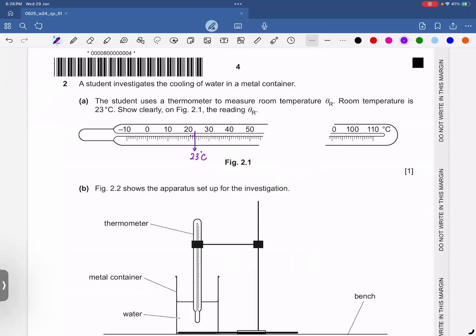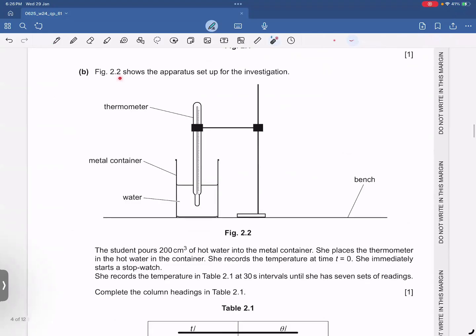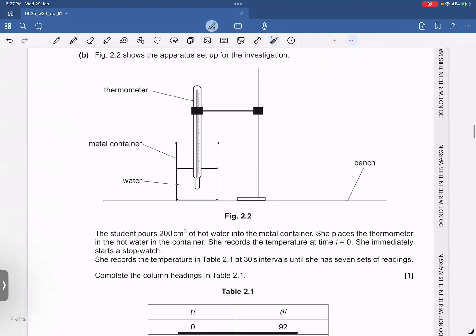After that, our next part is figure 2.2, which shows the apparatus set up for the investigation. There is a bench, water, metal container, thermometer, stand, boss, and clamp.